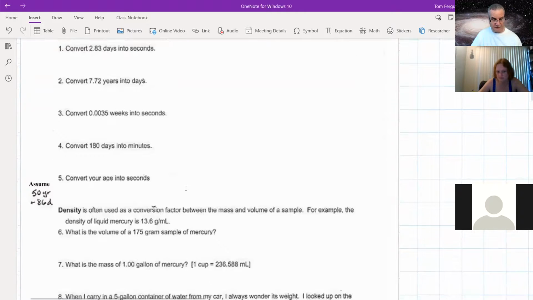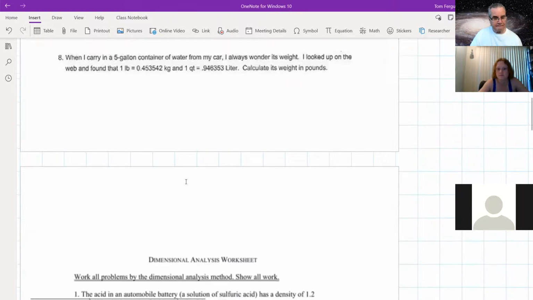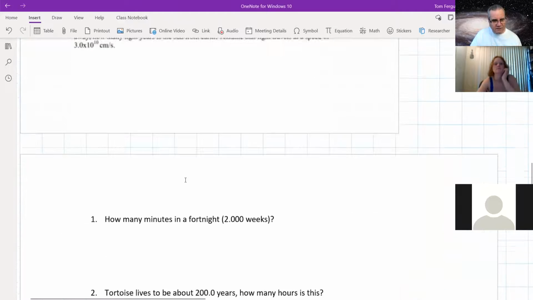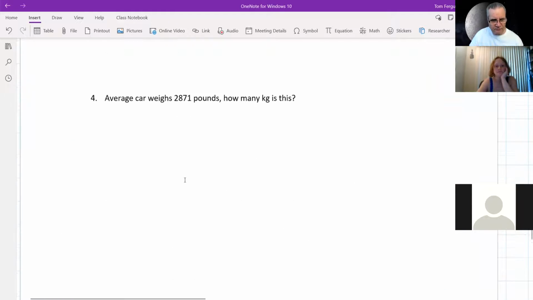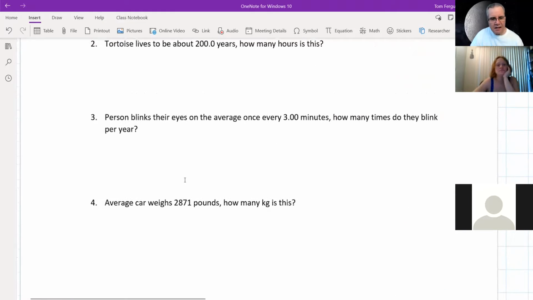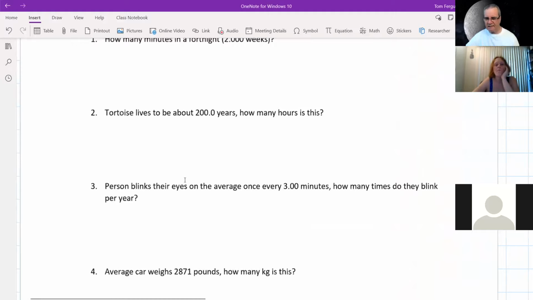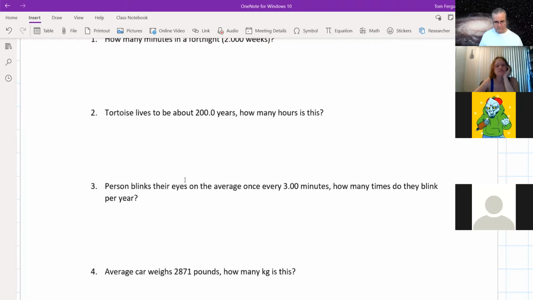It just varies a lot. So of these, is there any particular one you'd like me to go over first? Get my calculator out. Now on the test, I tried to give you all the conversion factors you need so you don't have to look up anything.